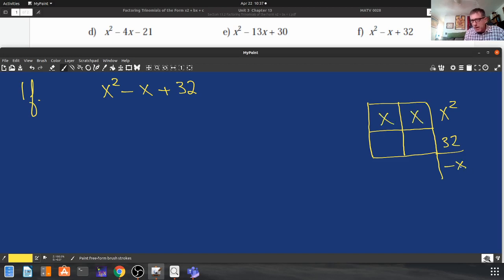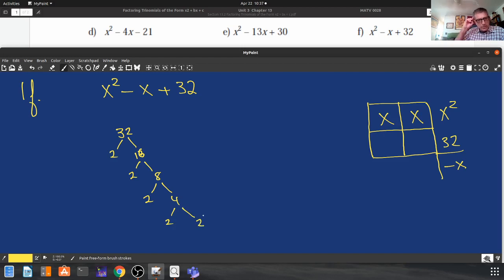Since this is minus x, when I look at my factors of 32, the larger of the two has to be minus. So 32 divided by 2 gives me 16, divided by 2 gives me 8, divided by 2 gives me 4, divided by 2 gives me 2.